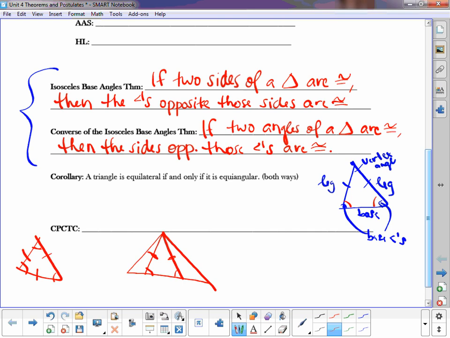But let's go ahead and take a look at a proof that would involve using this. Your homework will involve using these theorems in terms of proofs. Next class, we'll use these theorems just to solve for unknown values.